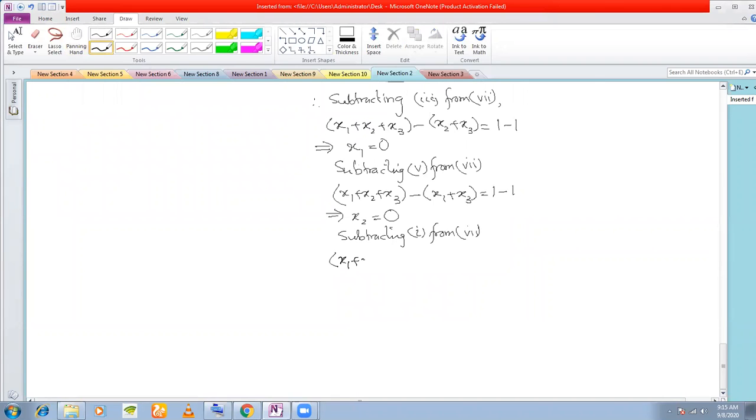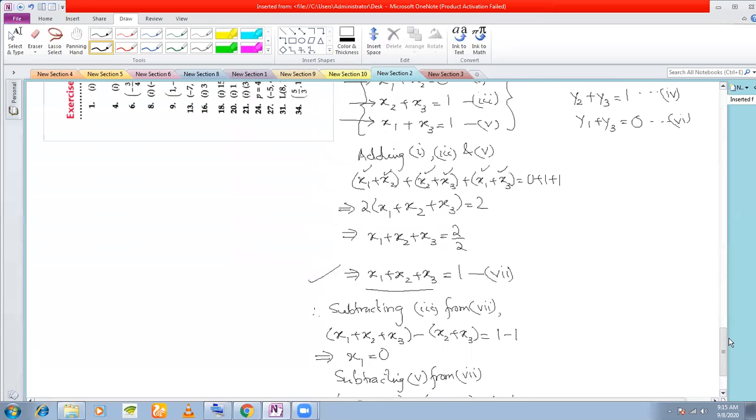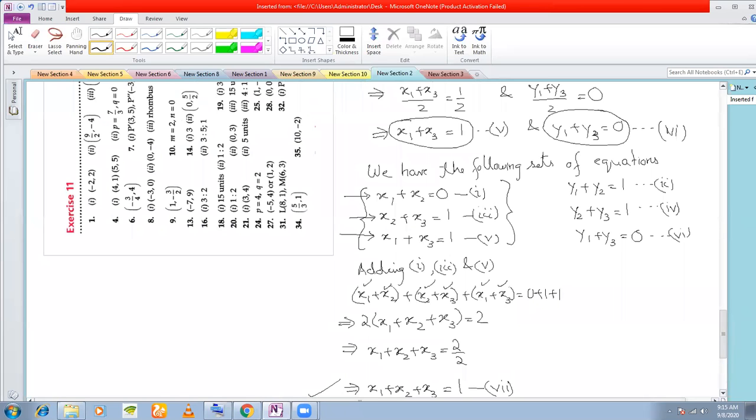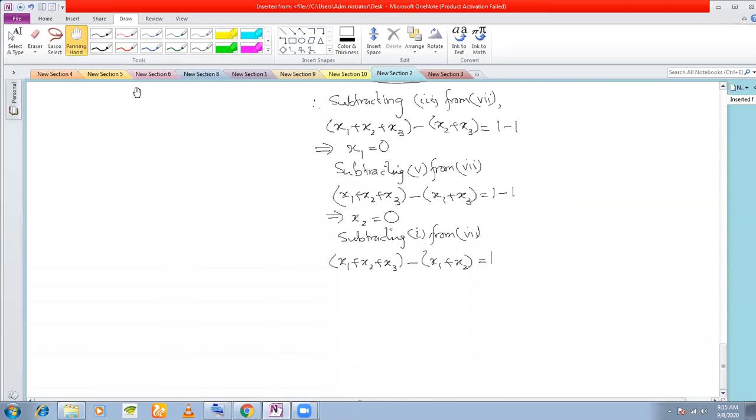Minus x1 plus x2 is equal to, what is the right hand side? Right hand side of 7 is 1 and the right hand side of 1 is 0. It should be 1 minus 0. That means x3 is equal to 1. So you're getting the x coordinates.